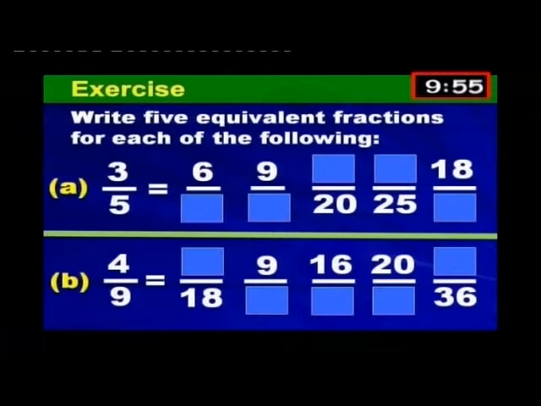So you find numbers that will multiply with 3 to get the top numbers, and the same number that you have chosen will be used again to multiply with 5 at the bottom.